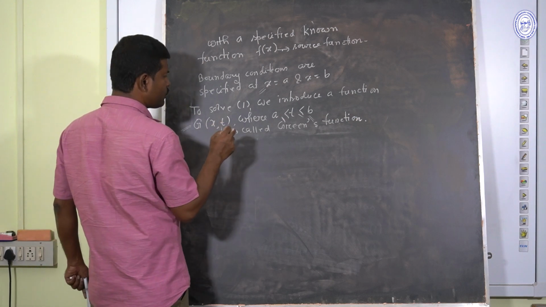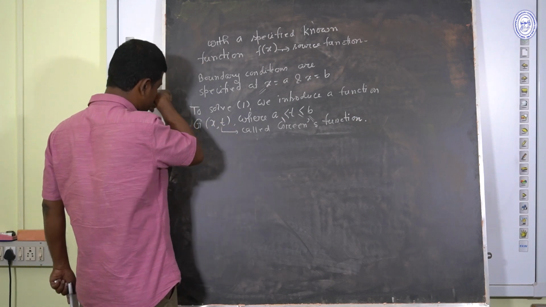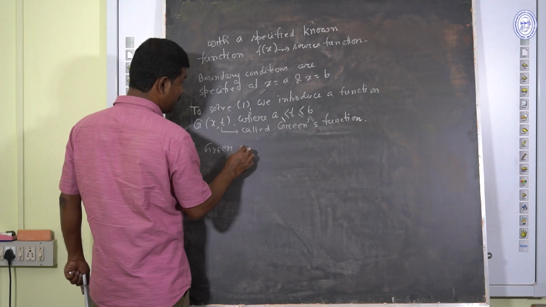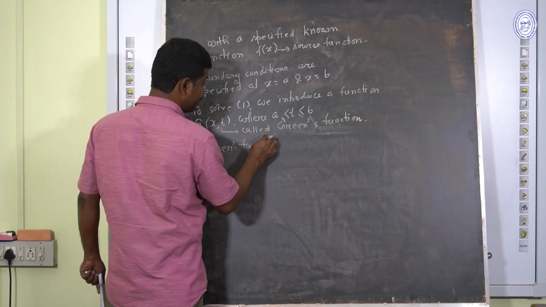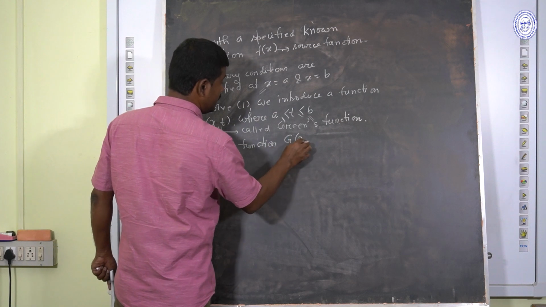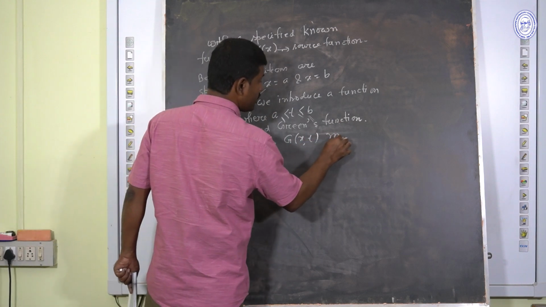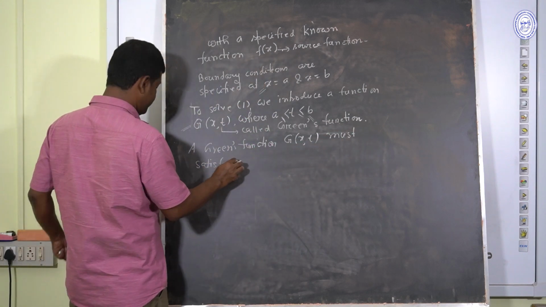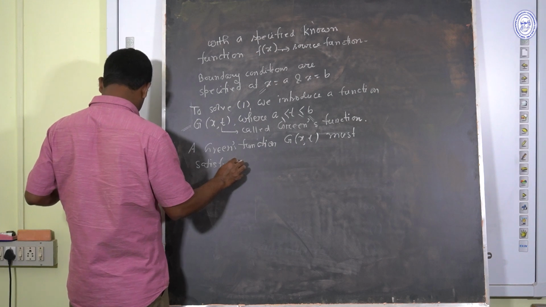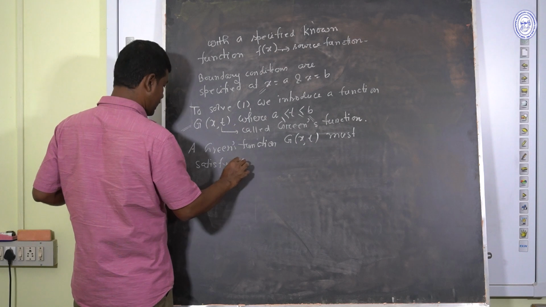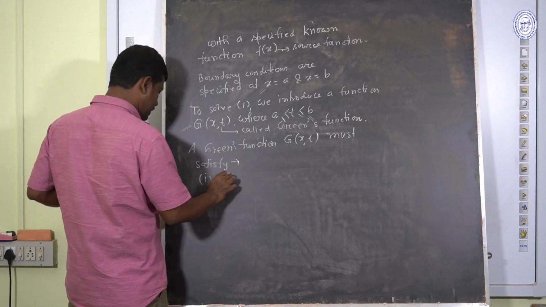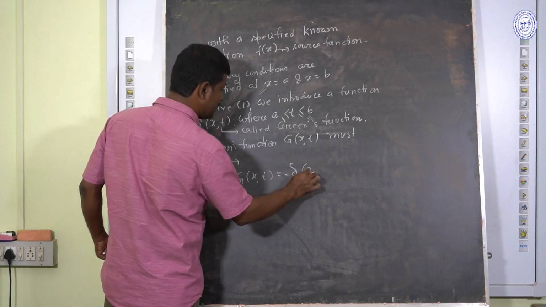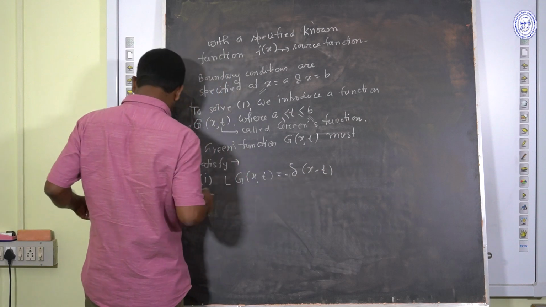And the Green's function must satisfy some conditions. Green's function G of x comma t must satisfy, condition number 1, L G of x comma t equal to minus delta of x minus t.